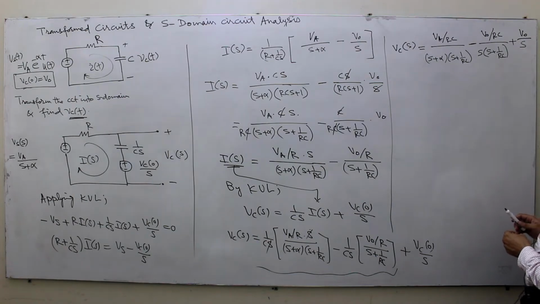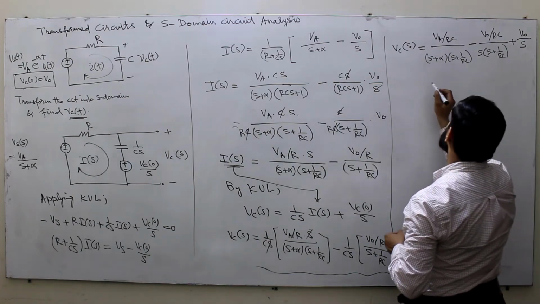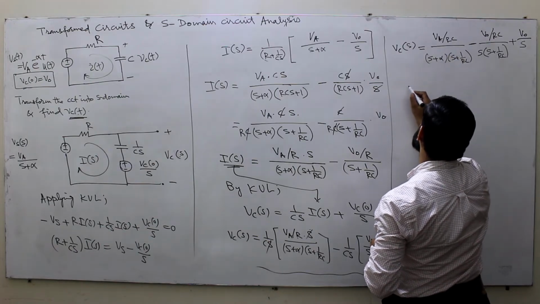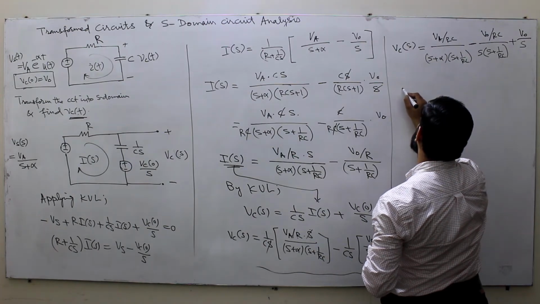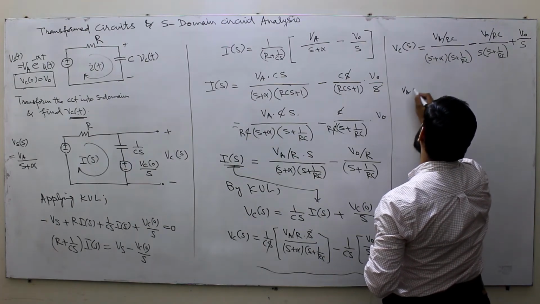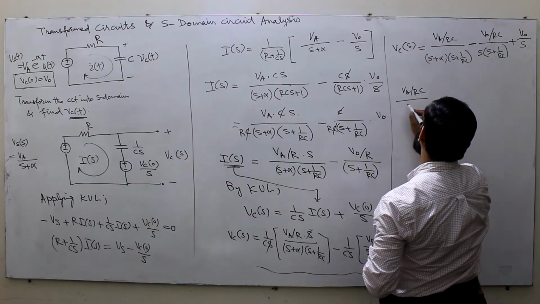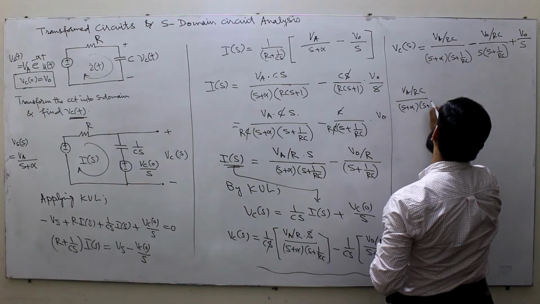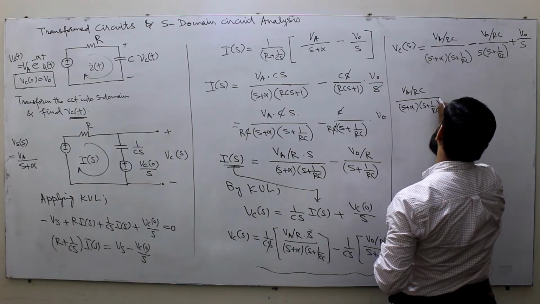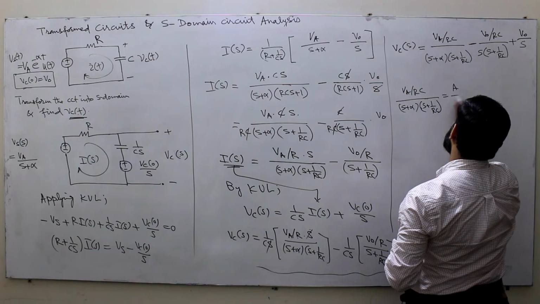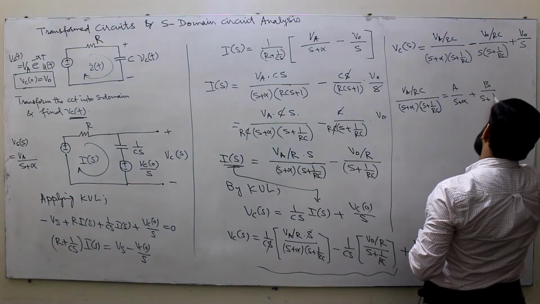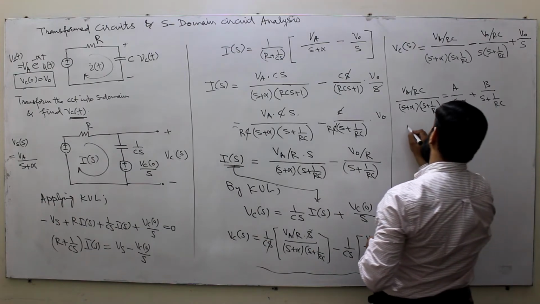However, we have to do the partial fraction here. So first we can solve this one, which is, let's say, Va over RC divided by S plus alpha into S plus 1 over RC is equal to A over S plus alpha plus B over S plus 1 over RC.